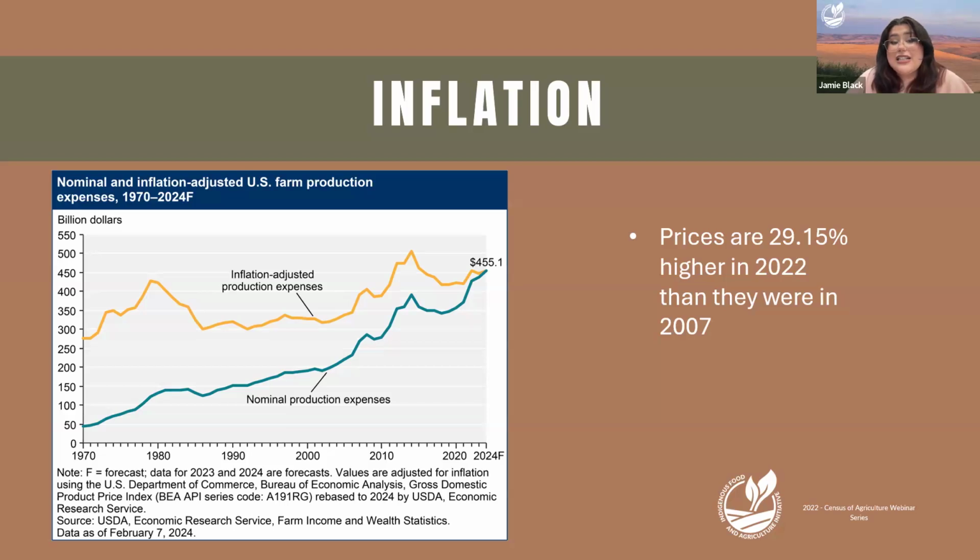For the data that's collected for the ag census, there's still been a lot that's happened since the information was collected. Again, these numbers are for 2022. I didn't quite want to get into the 2024 inflation prices, but even without inflation, prices on production have increased. Inflation has just intensified that.